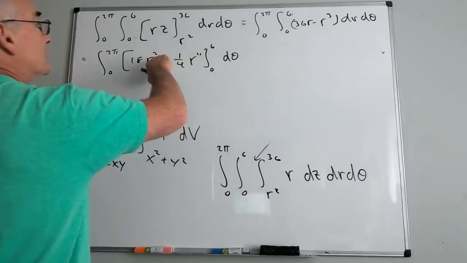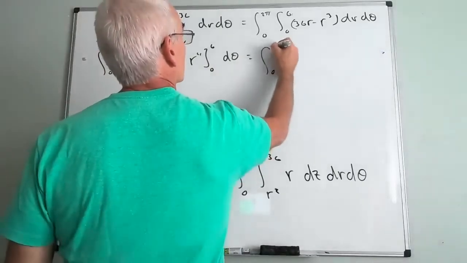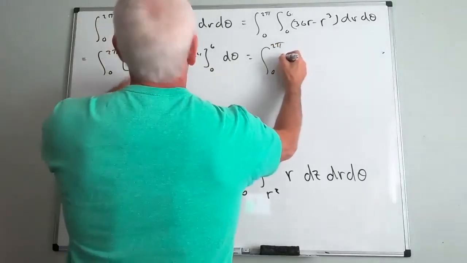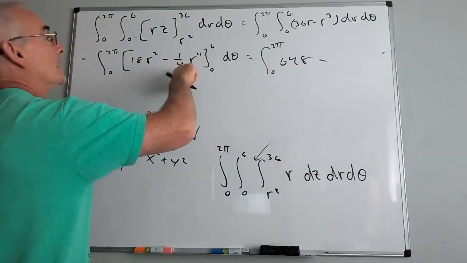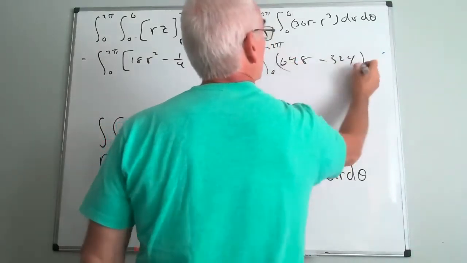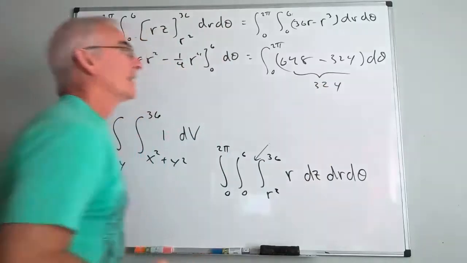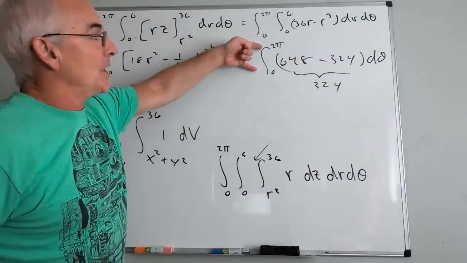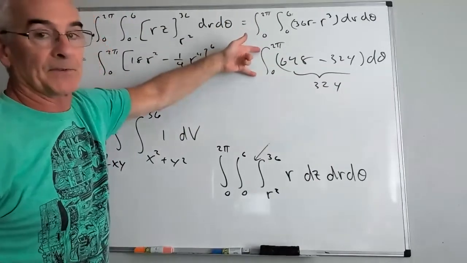That will give us 18 times 36, so that would be what? 648. And then here that'd be minus 324. Well, that's just 324. Because my limits are constant, because my integrand is constant, all I have to do is take the difference of the limits.